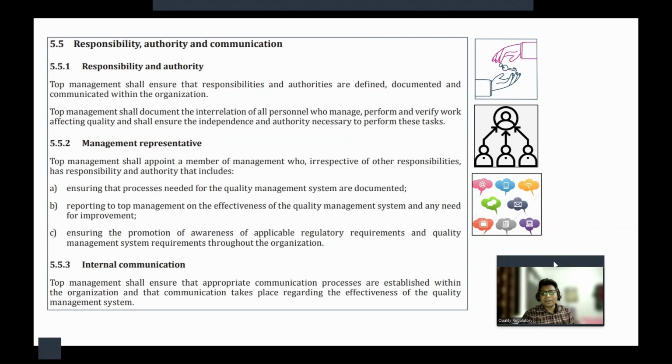Management has to find the relevant competent person who knows the QMS and has the experience. Okay. So they have to identify the person and give that person the responsibility of management representative.